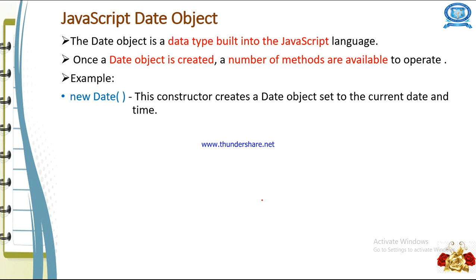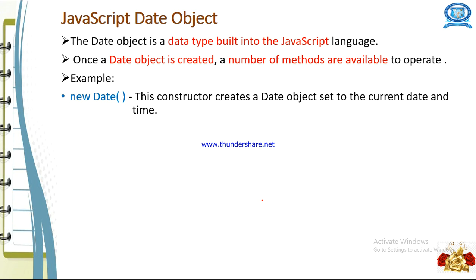For example, new Date with open and close brackets is the constructor that creates a Date object set to the current date and time, so you can display the current date and time.